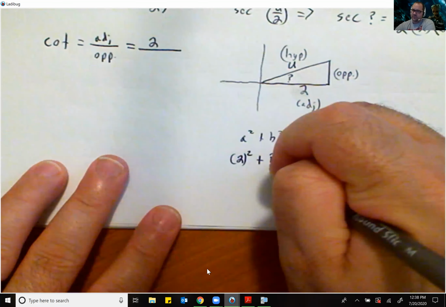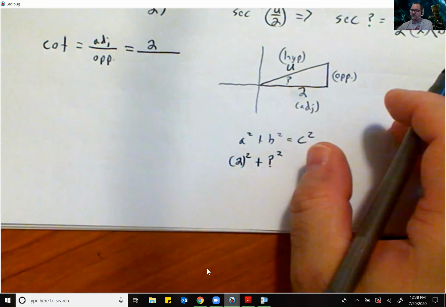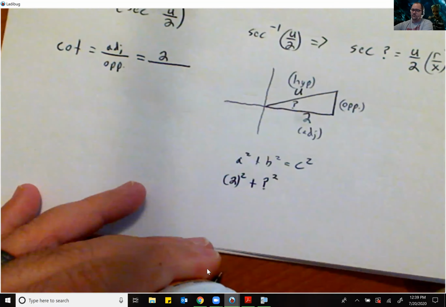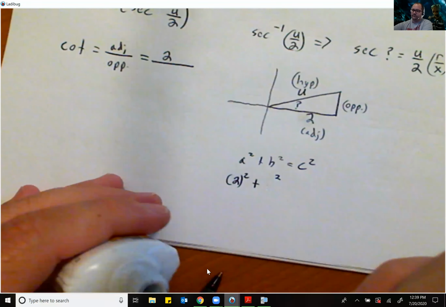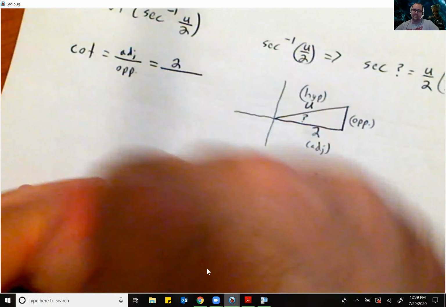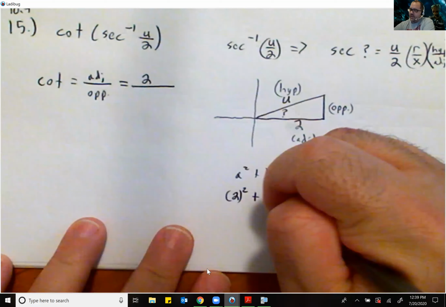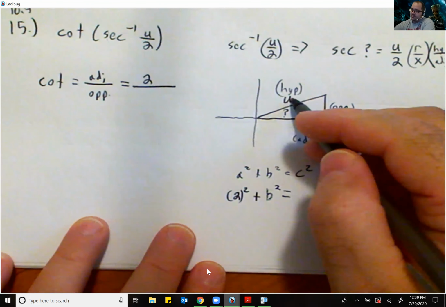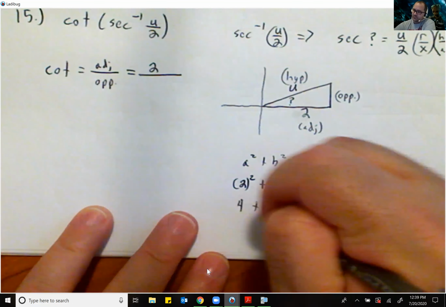I already have a question mark right there, so I don't want you thinking that it's the angle. We'll just leave it as B. Nothing wrong with that. B squared, and our C is U. Okay, 2 squared is 4 plus B squared equals U squared.